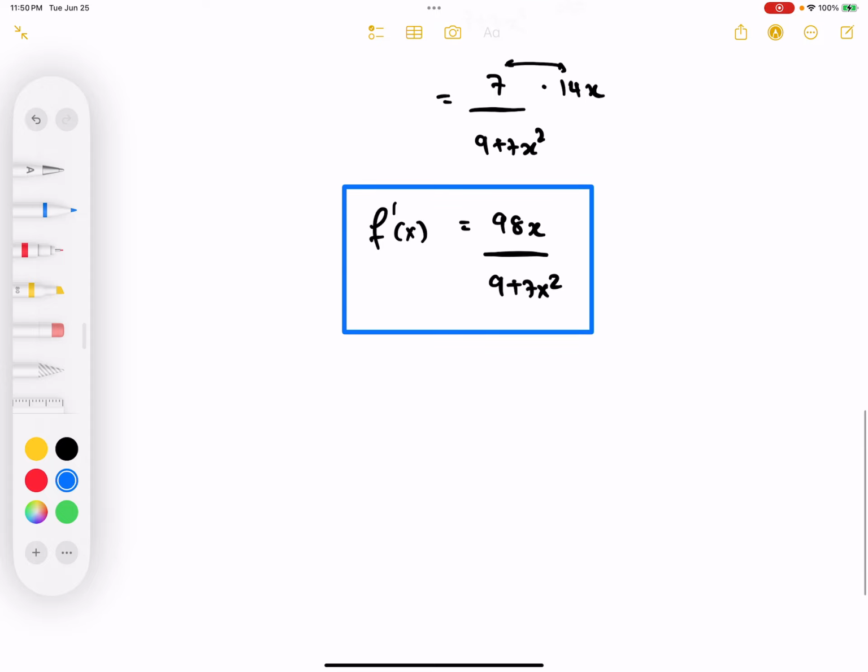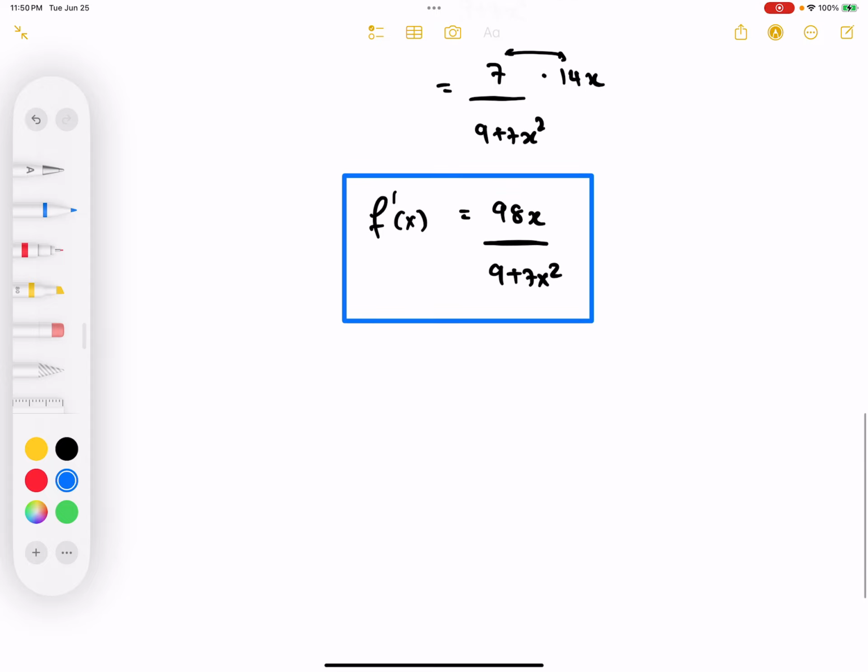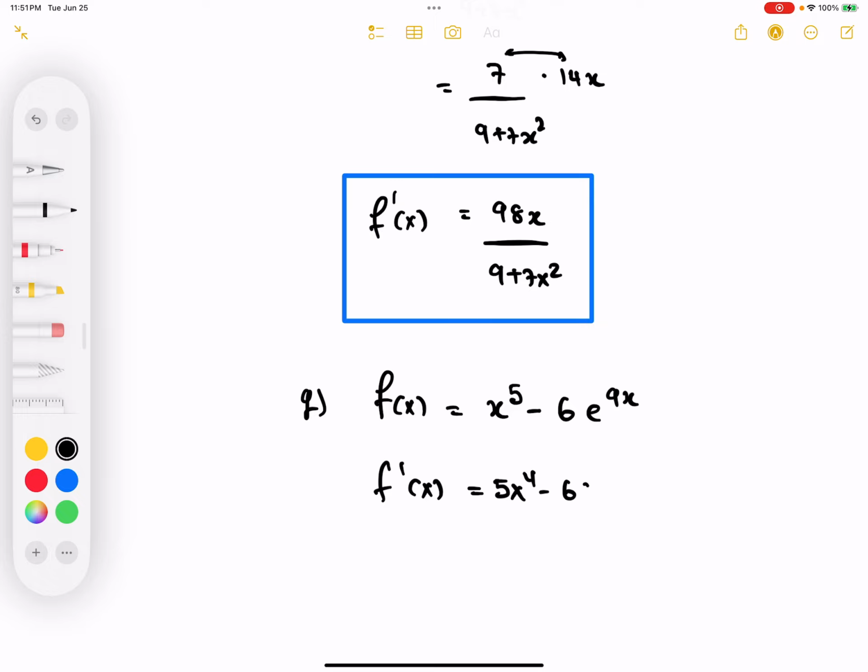Let's add more. Let's see, f of x is a combination of a power, 5x to the fifth, minus 6e to the 9x. Remember, there is a coefficient on the power. So the derivative of this one is 5x to the fourth minus 6 times 9 e to 9x.